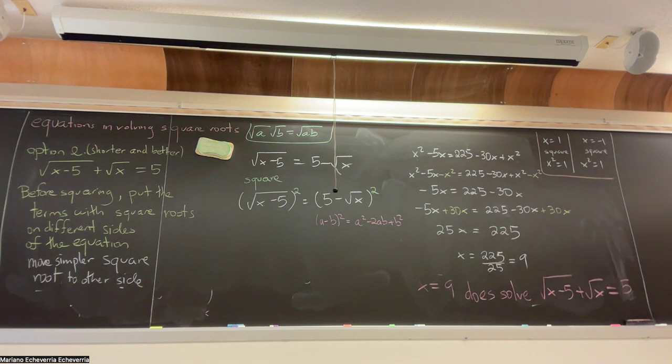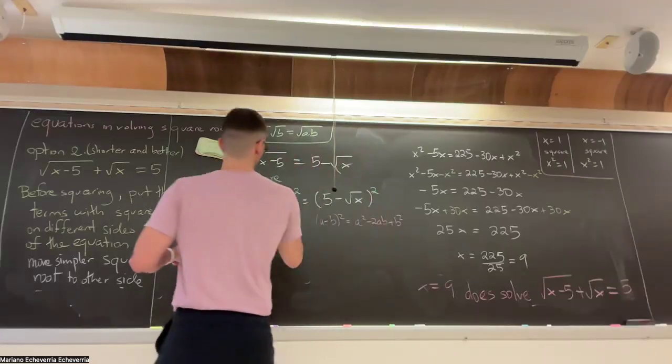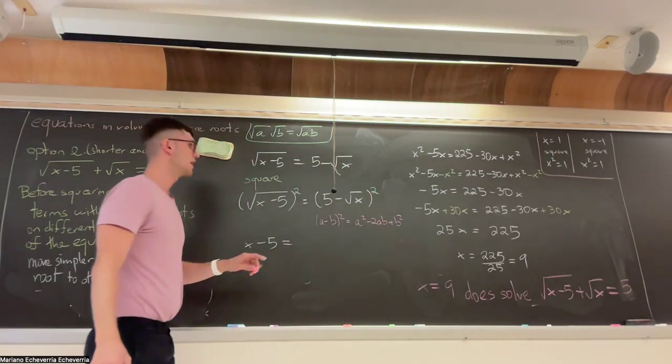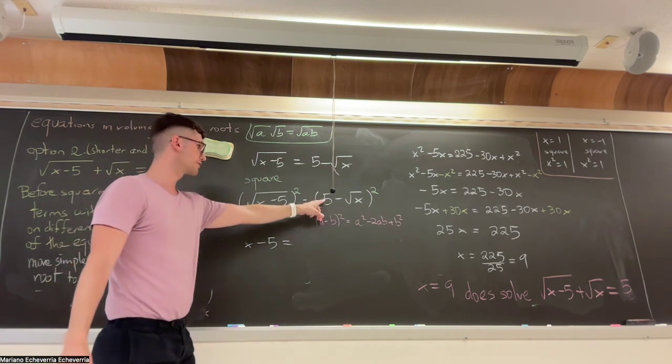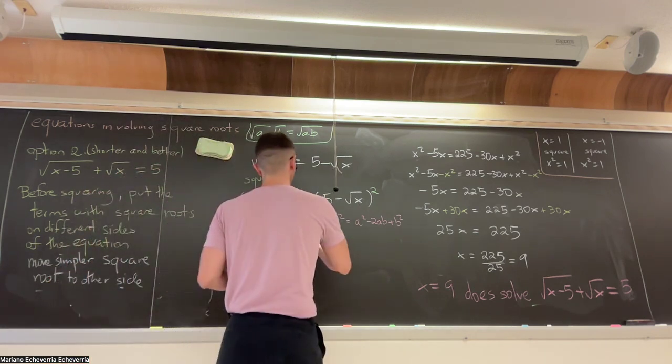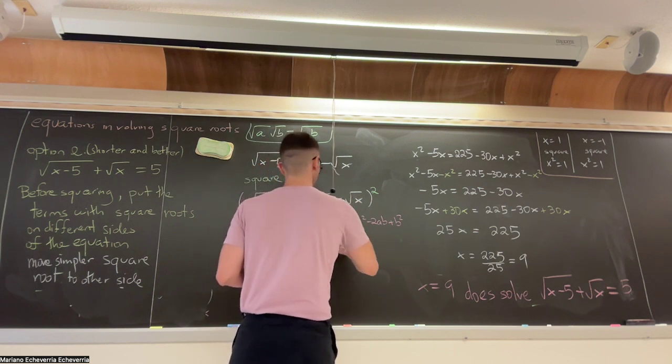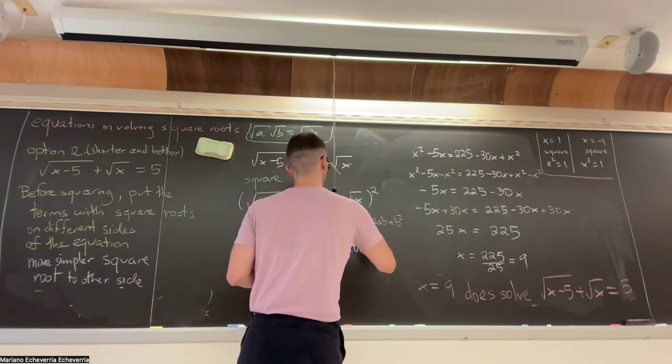So what's going on? The left hand side just becomes x minus 5. What happens to the right side? You square the first term, so you square 5, and the 5 squared minus 2 times the product, minus 2 times 5 times root of x.